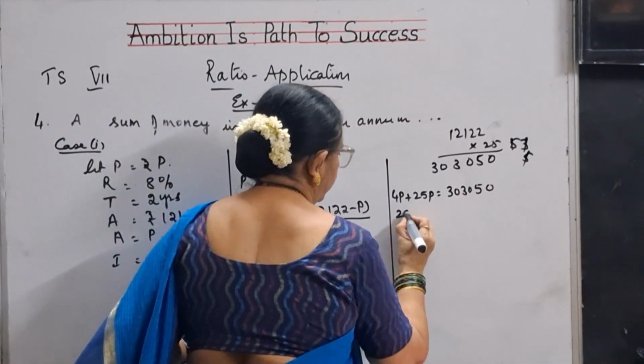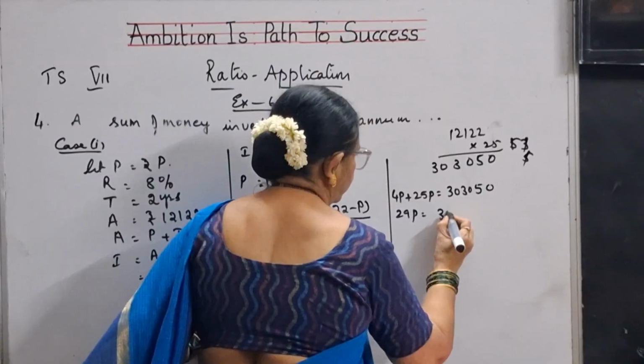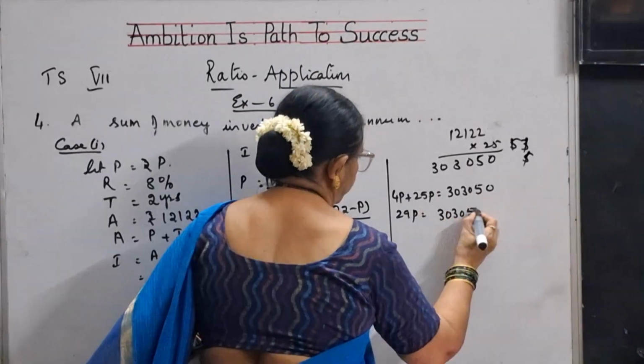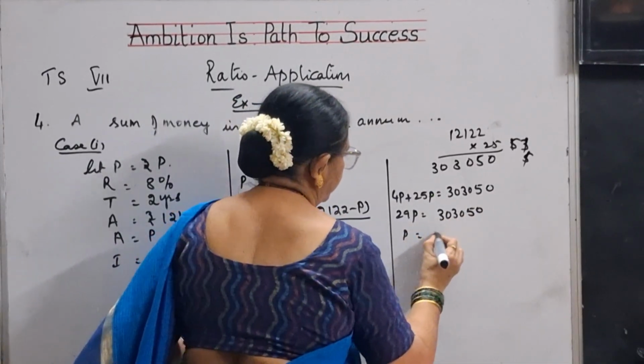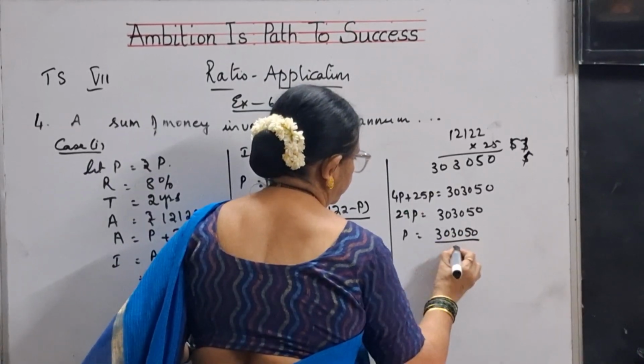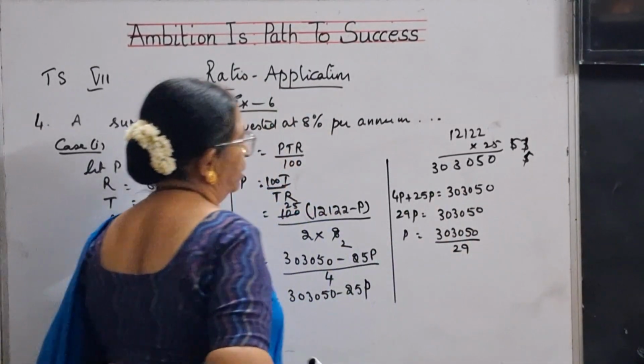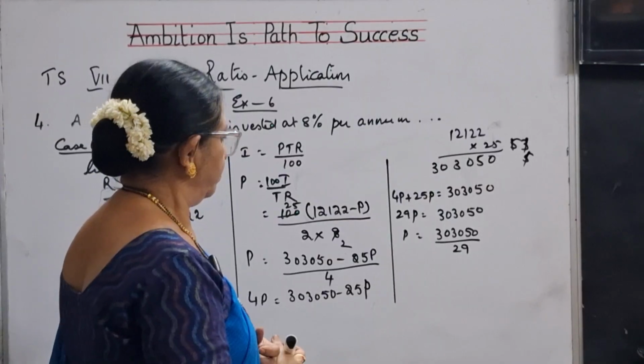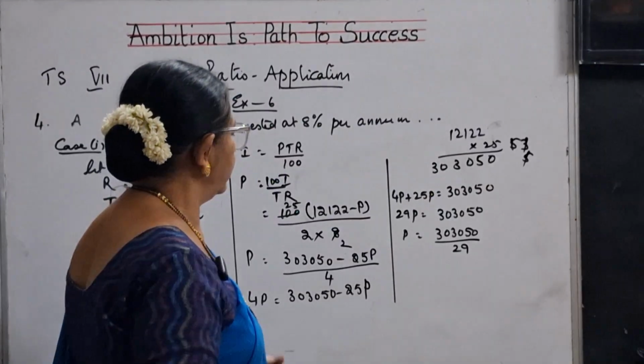So this is 29P is equal to 303050. So what is P? 303050 by 29. So how much are you going to get?